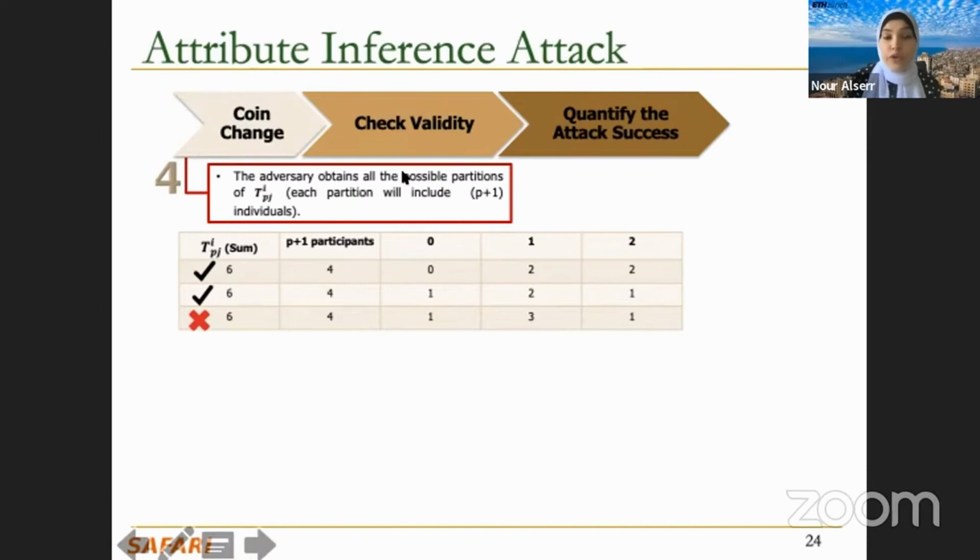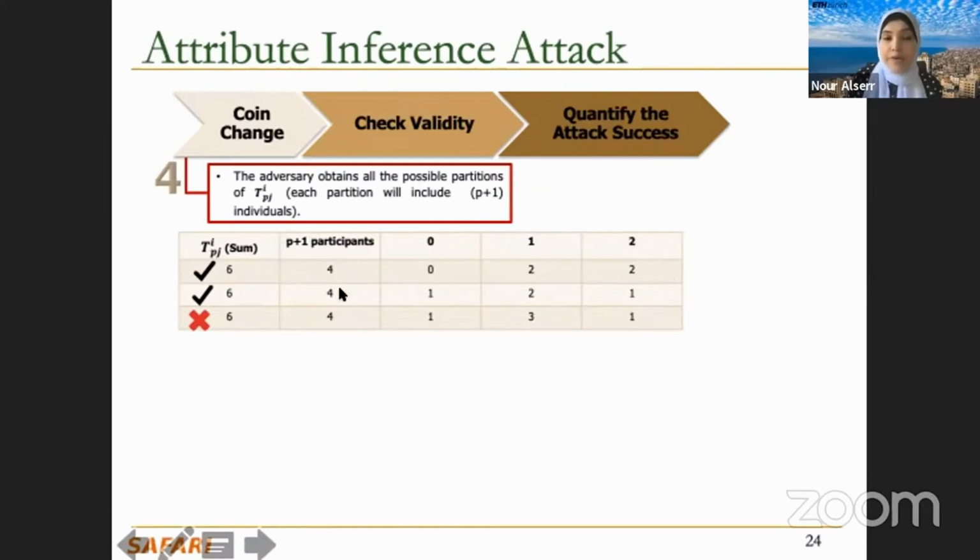First, we need to find all the possible partitions. For that 6, how many partitions do we have for 0, how many partitions for 1, how many partitions for 2. For example, the second one, we can have one with 0 value, two with 1 value, and one with 2 values, right?